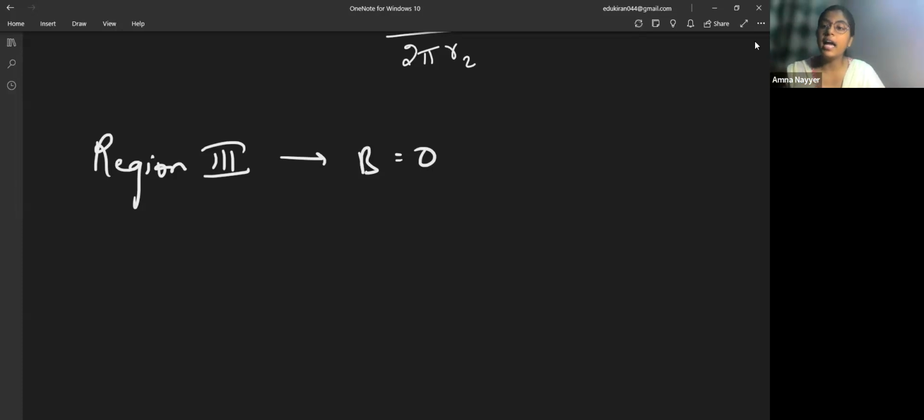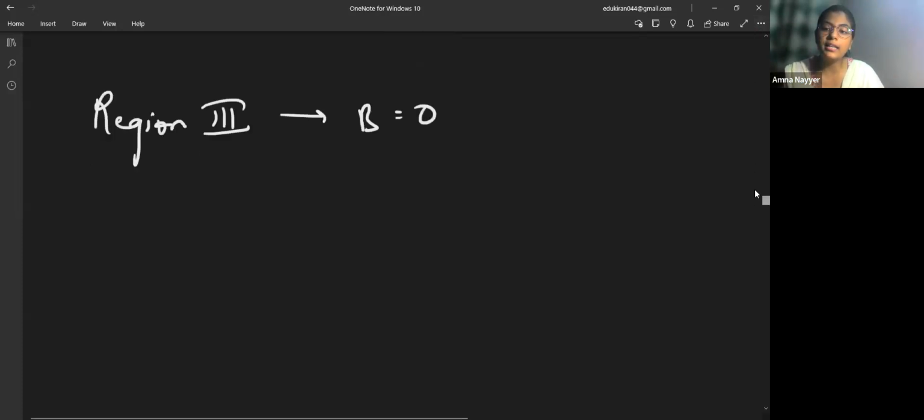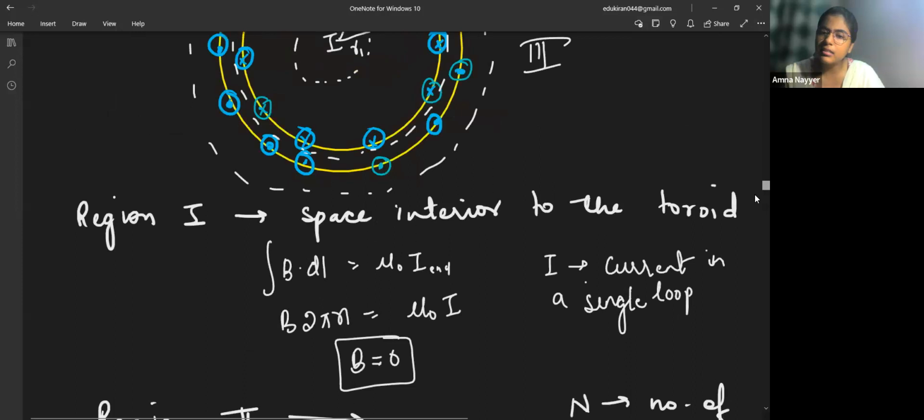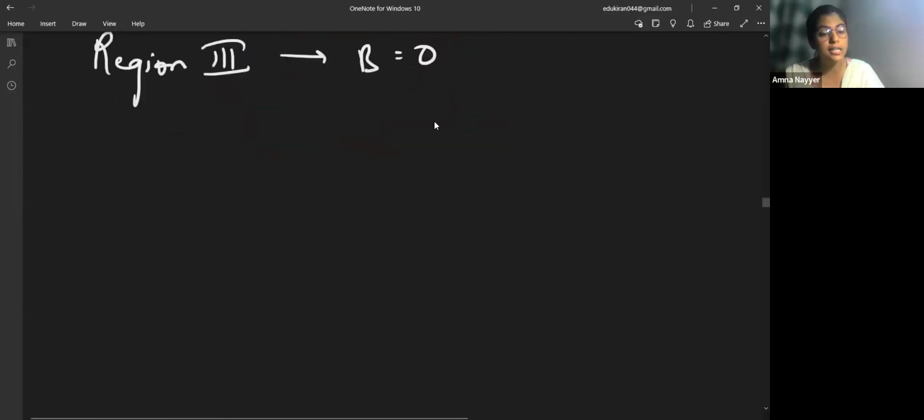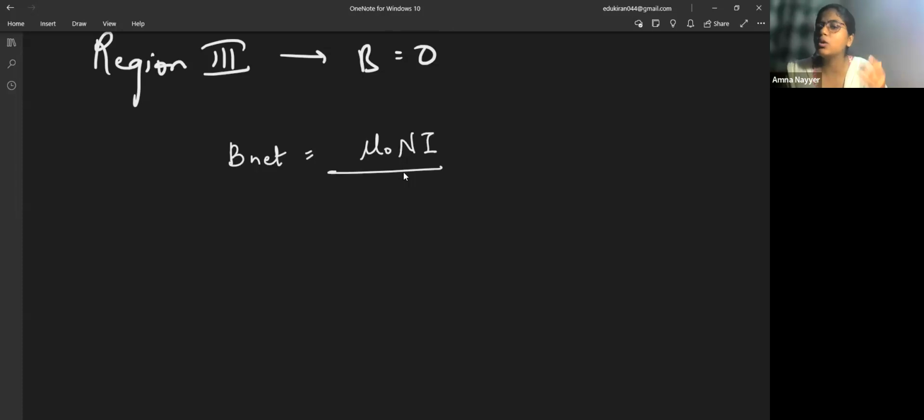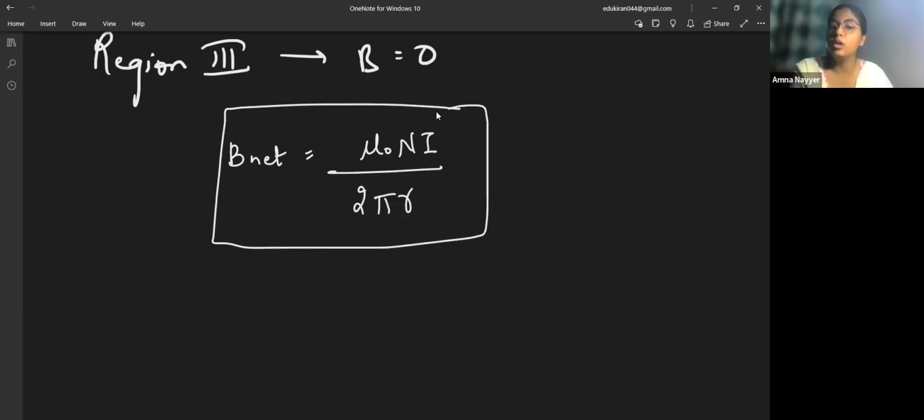So if I add all the magnetic fields, from the first region it's 0, from the second region it's something, from the third it's also 0. So what has to be the net magnetic field? Mu naught N I, and since now only one magnetic field is there, no need to differentiate between R1, R2 and R3. Directly write it as R only. R is the radius of the loop.